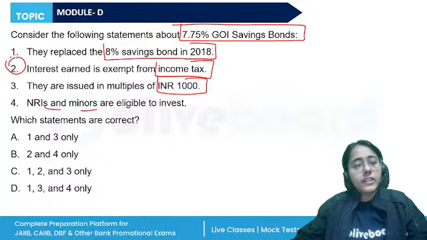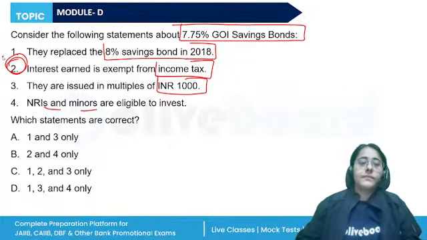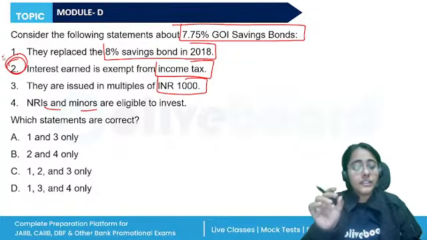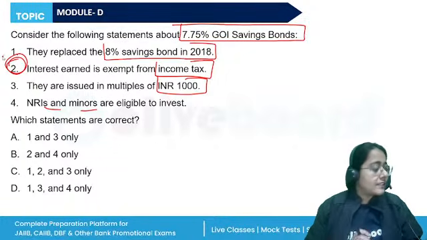C, 1, 2 and 3. Is the interest earned exempt from income tax? When we were talking about the sovereign gold bond, the interest was tax free. But when we are talking about the Government of India savings bond, the interest earned is taxable according to the investor's tax slab.